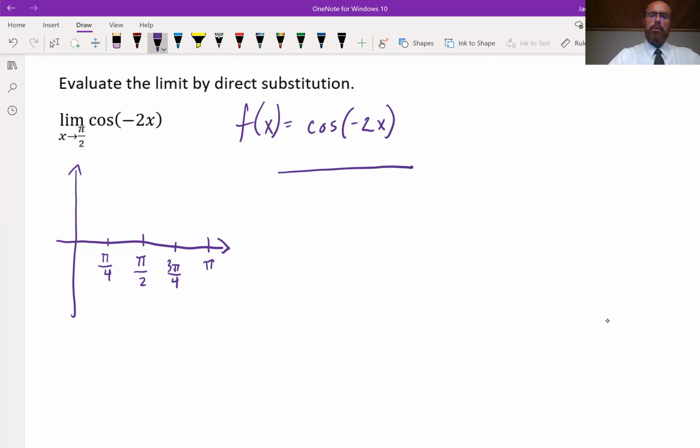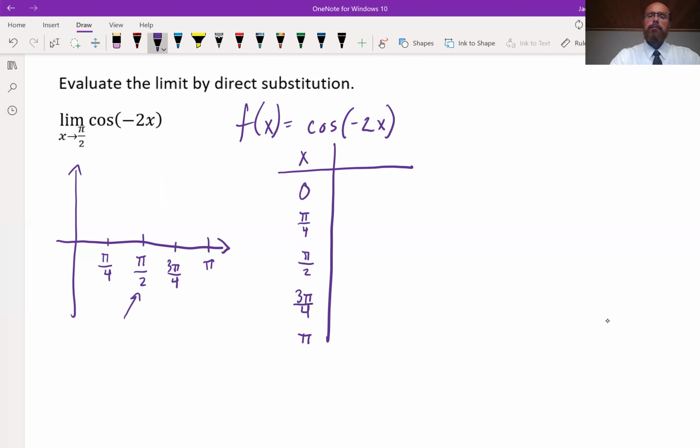Let's create a table of values so that we can evaluate here. So notice we're going to actually do the direct substitution for the x value or the theta value of pi/2. Let's start with 0, pi/4, pi/2, 3 pi/4, and pi.